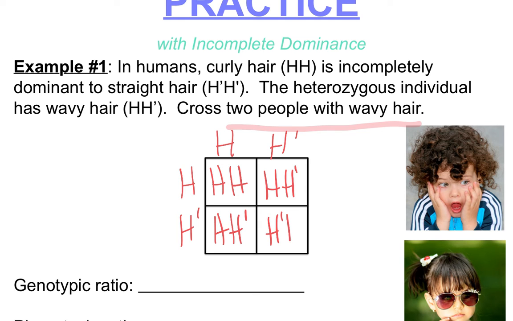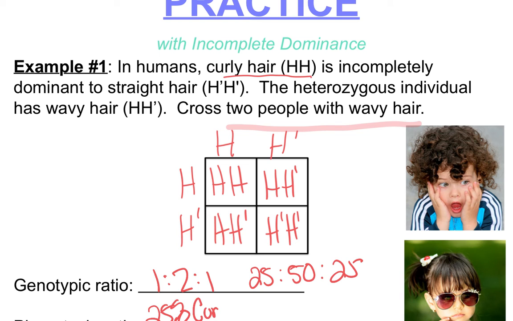And what we get is a ratio of 1 to 2 to 1, or 25 to 50 to 25, and curly hair, which is HH, so they are 25% likely to be curly, 50% of the offspring produced are likely to have wavy hair, and 25% are likely to have straight hair.